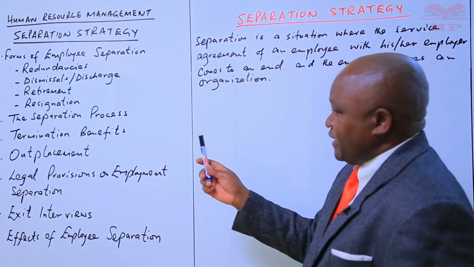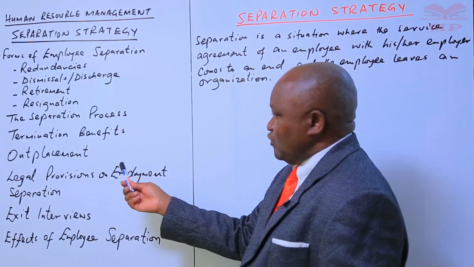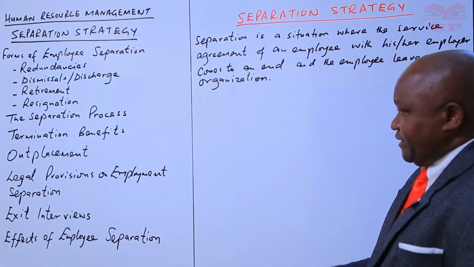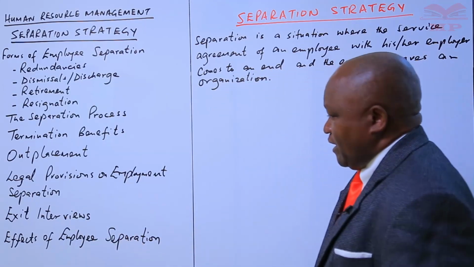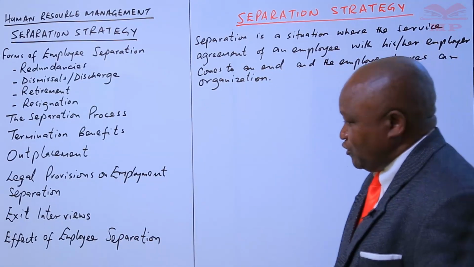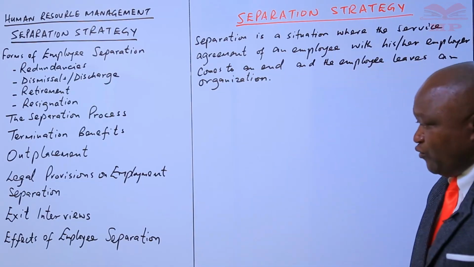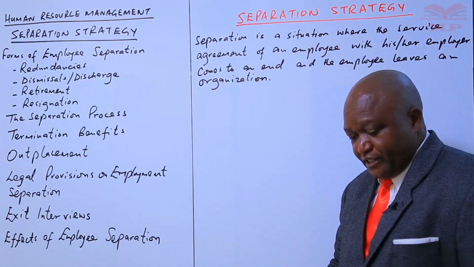We will also look at termination benefits. We will be able to look at outplacement. Proceed on to look at legal provisions on employee separation. We will also have a chance to look at exit interviews. And ultimately, we will be able to look at effects of employee separation.